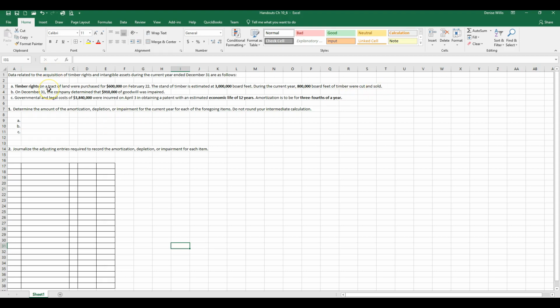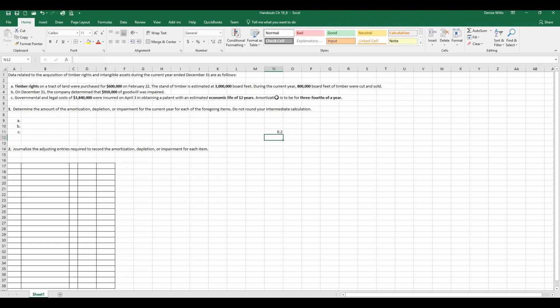Anytime you're dealing with depletion or natural resources, it's going to be handled in a way that is very similar to the units of output method of accounting. So what you do is you come up with a rate. Let's just come over here to do some math, and let me show you how we're going to do this. It's going to be equal to the cost divided by the total expected amount that you're going to extract or somehow harvest.